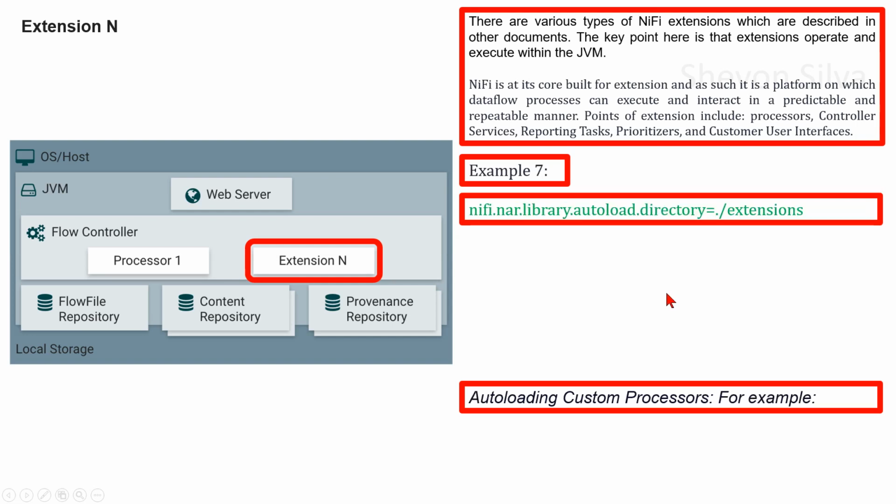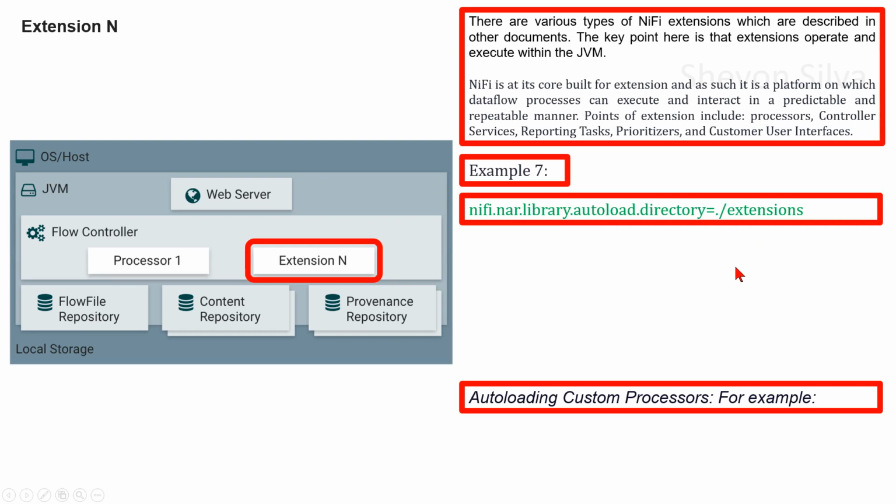Now we are considering auto-loading custom processors. Here we are considering the process to use the auto-loading feature for custom processors. To use the autoloading feature, the nifi.nar.library.autoload.directory property must be configured to point at the desired directory. By default, this points at ./extensions. Ensure this directory exists and has appropriate permissions for the NiFi user and the group.